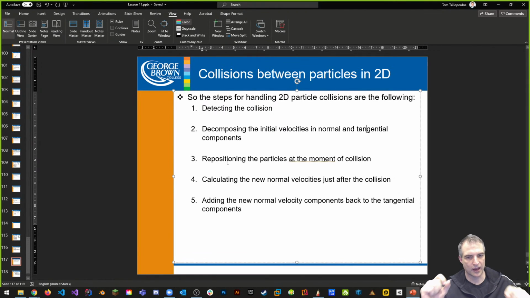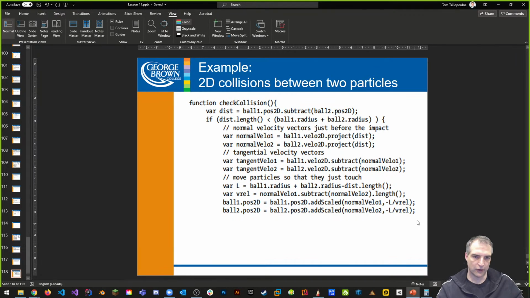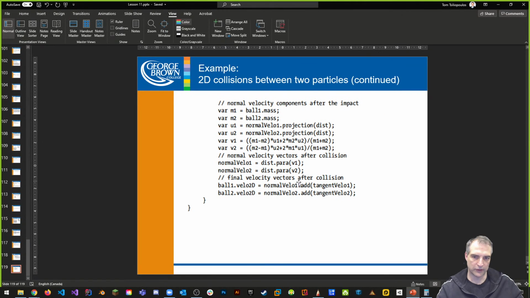And then we calculate the normal velocities just after collision and apply the new normal velocity components back to the tangential components, which is what we did earlier. And here's an example of some code to do just that, some pseudocode, over 2 pages.